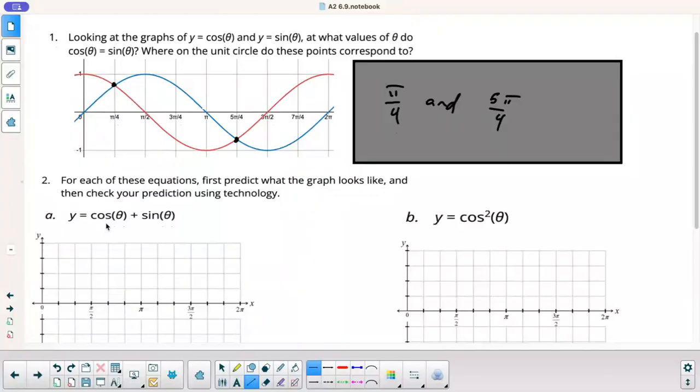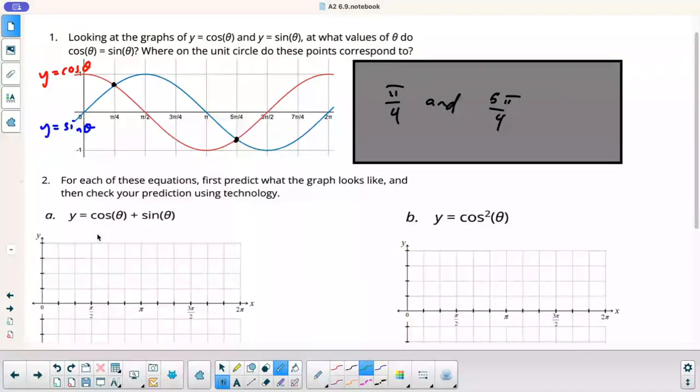All right, so now we're going to take the blue one here. Let's go back and remember what we talked about. The blue one, since it starts at the origin, is y equals sine of theta. And the red one is y equals cosine of theta. So we're going to add them together. So you're basically adding the y coordinates. So I'll do it here in green.